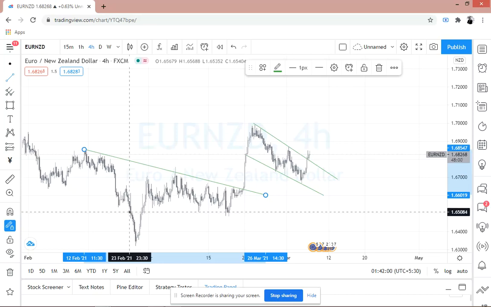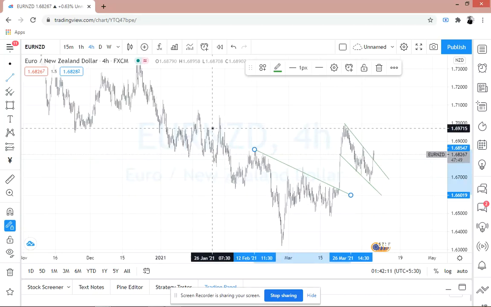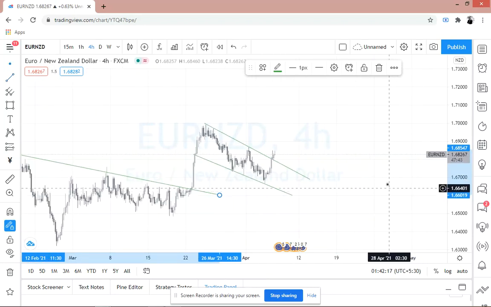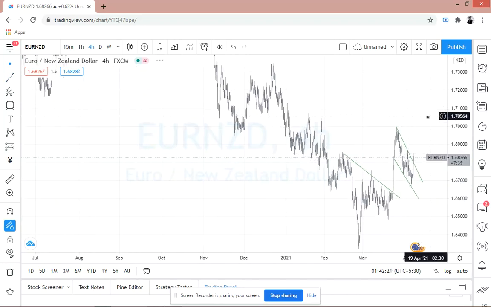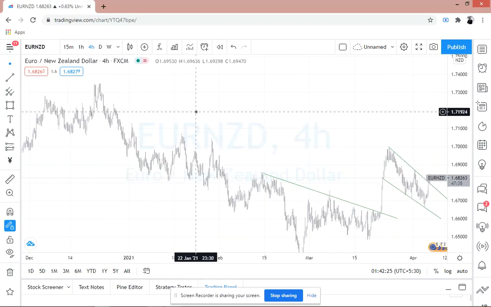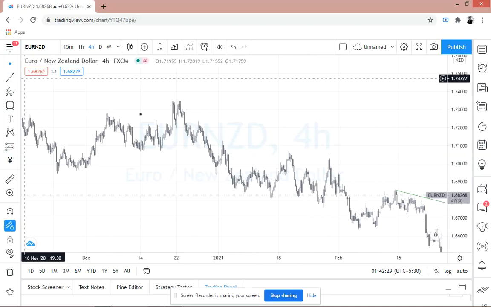So here, these two trends are confused about what the next movement will be. So let me see what happened here on that breakout.